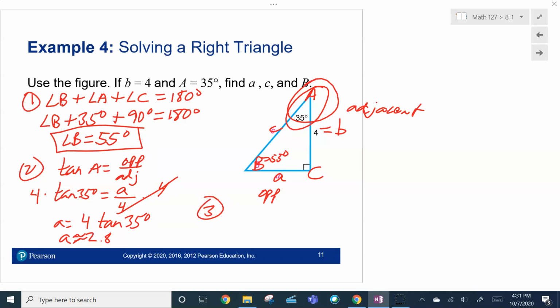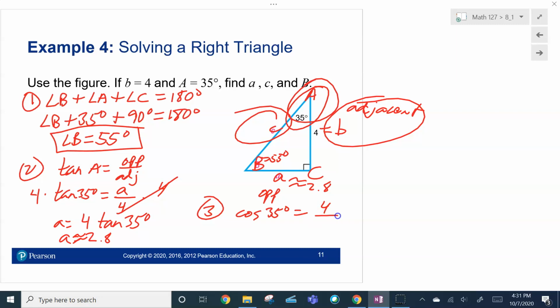So now we got this, approximately 2.8. Now I'm going to say cosine is adjacent over hypotenuse. So cosine 35 degrees is the adjacent side over the hypotenuse. Get the c on top, so times c, and then divide by that cosine 35.